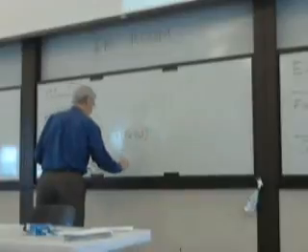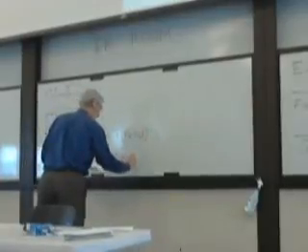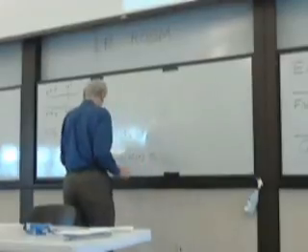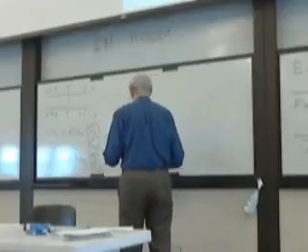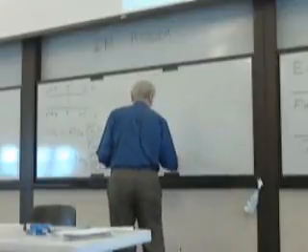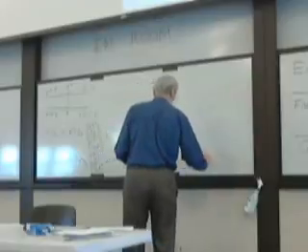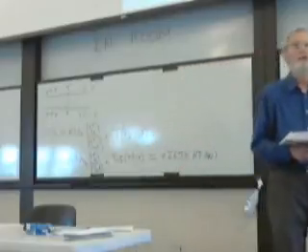And I'll just put in the value here. This is plus 0.1 volts. And so all of this now is going to convert into 26.75 kilojoules per mole.